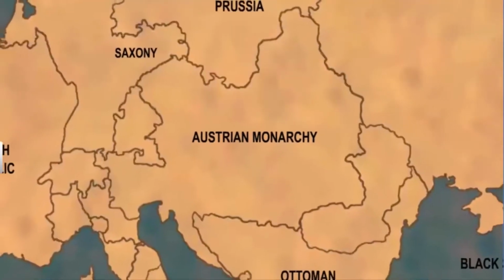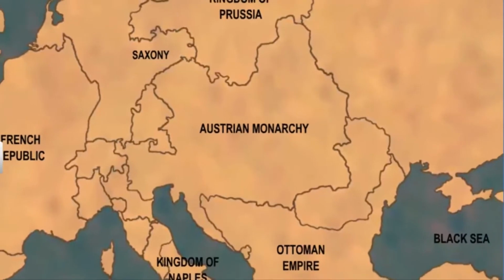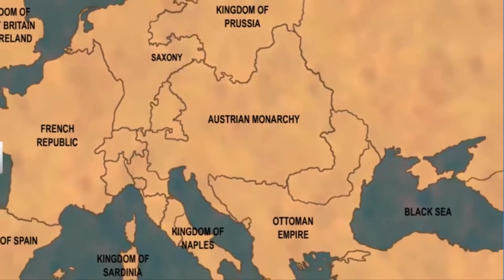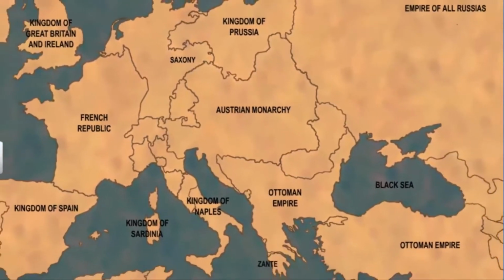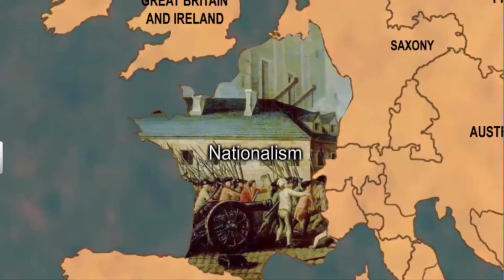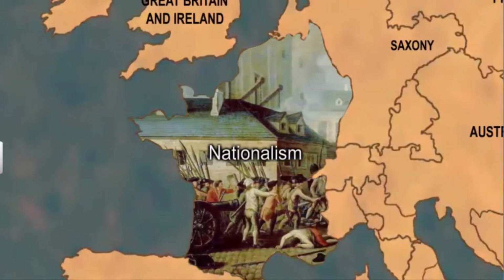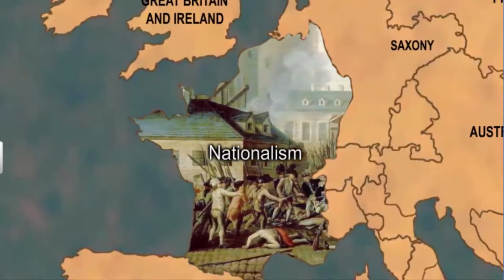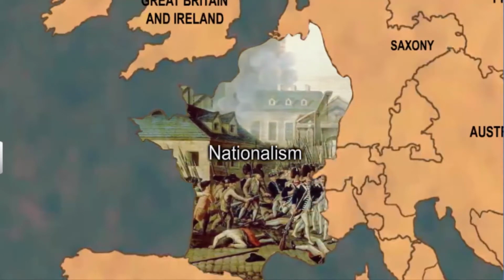Due to the cultural differences amongst the European people, there was no political unity and no clear concept of a nation. However, the difference in cultural background and the desire to use the ideas of the French Revolution led people towards a common goal, nationalism.